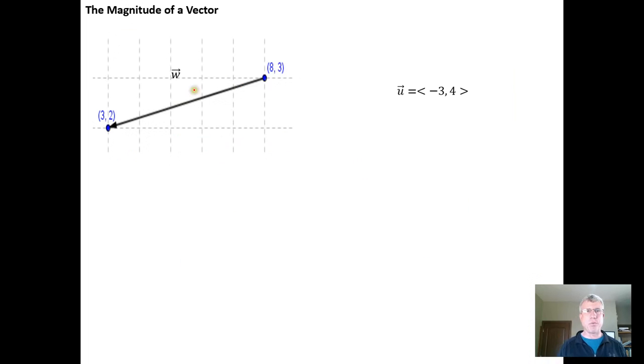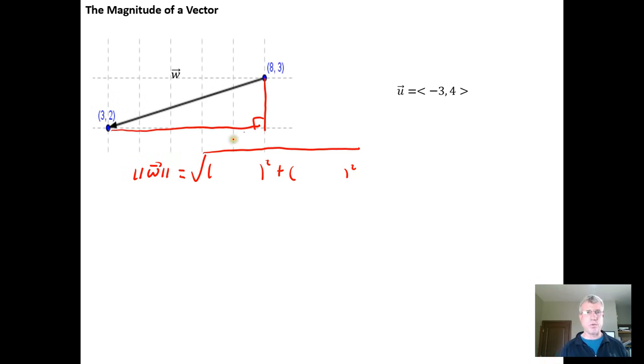So for example, if we want to calculate the length of the vector w, we would just take the square root of the sum of the squares of the legs of the right triangle that you can form from this vector. And that's just going to be your x2 minus x1, so 3 minus 8, plus your y2 minus y1.